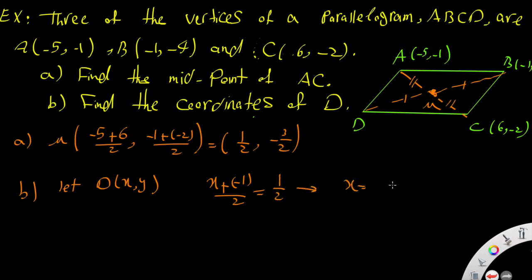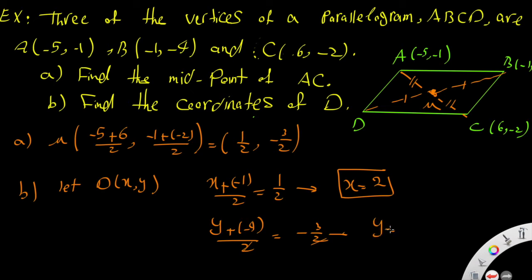So x will be 2, and for (y plus negative 4) divided by 2 should be negative 3 over 2. So 2 cancels out. So y will be 1. Now D will be (2, 1).